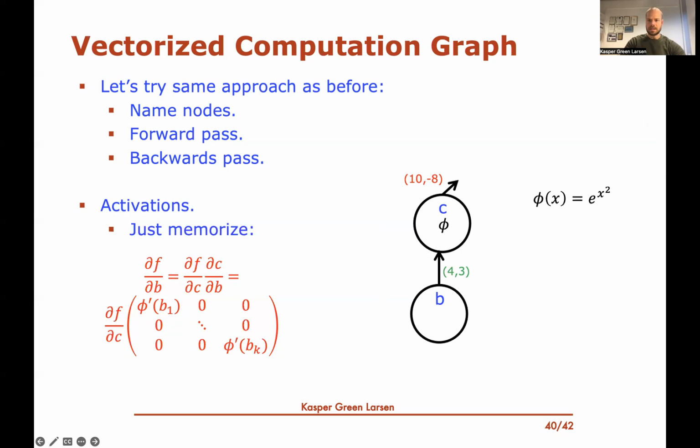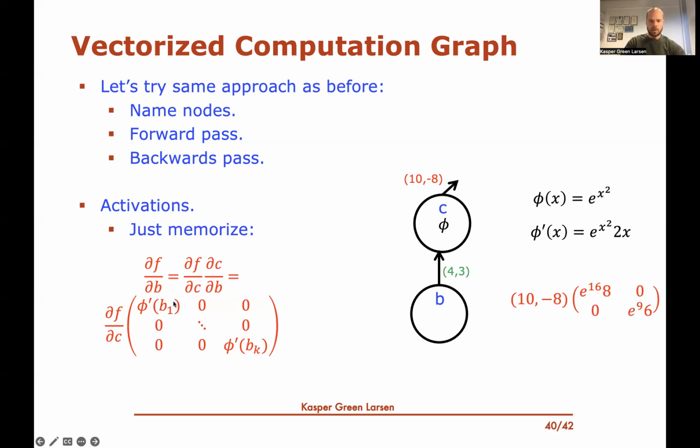And maybe we want to just see an example here. Let's say we have a kind of crazy activation function like e to the x squared. Now, you have to compute the expression for the derivative of e to the x squared. By the chain rule, it's e to the x squared times 2x. And if we want to apply this over here, then what is this matrix, right?